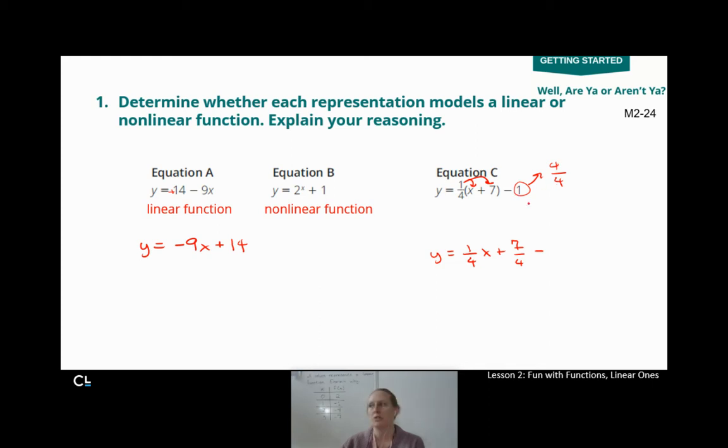Because 4 divided by 4 is 1. So I'm going to put minus 4/4. And now I have y equals 1/4 x, 7/4 minus 4/4 is 3/4. Huh. There's a bunch of fractions there, but that's got the y equals mx plus b going on, doesn't it? It does. That's a linear function. It looked weird, but it's a linear function.